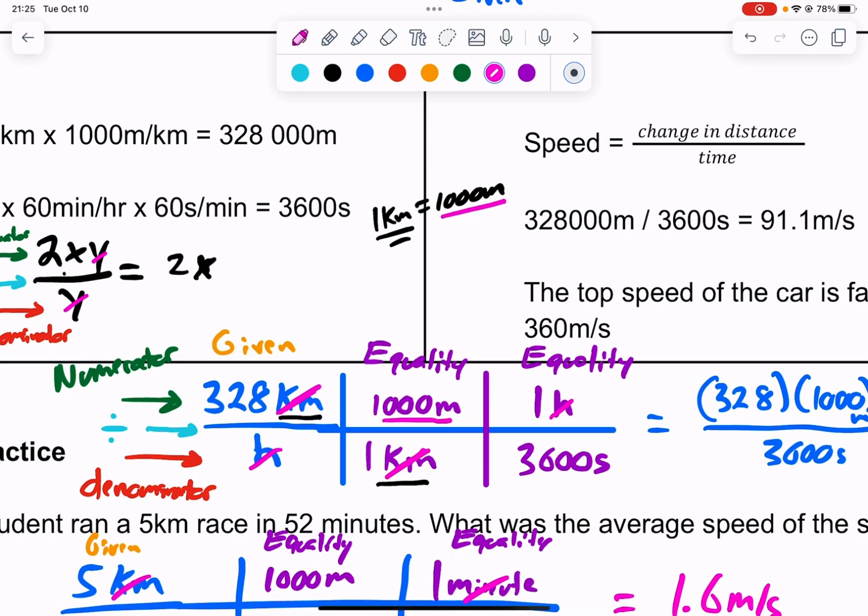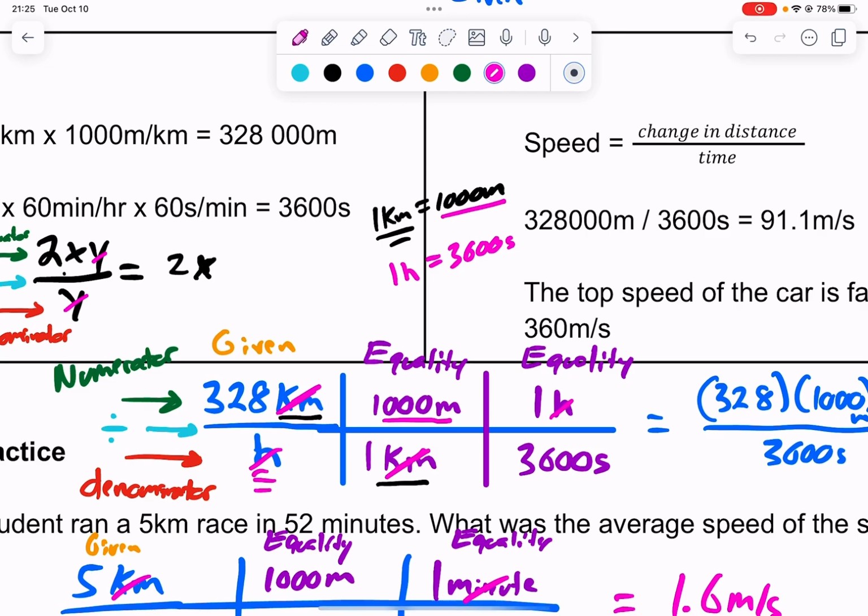And so when you do that, what you wind up having is 1,000 meters times 328 divided by 1 hour. But we want it not in meters per hour, we want it in meters per second. Notice how hours is here in the denominator, and what we know about 1 hour is that 1 hour is equal to 3,600 seconds. If you didn't know that, 1 hour is 60 minutes, each minute has 60 seconds, and 60 times 60 is 3,600.